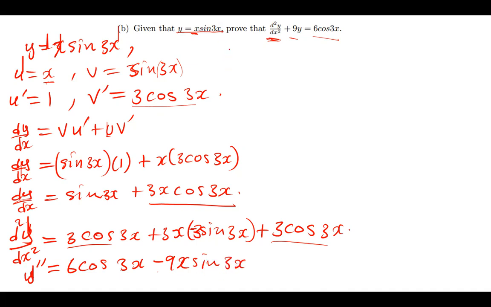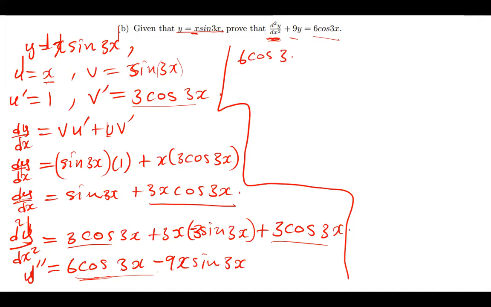Now let us prove that the second derivative, when added to 9 times y, gives 6 cos 3x. The second derivative we have found is 6 cos 3x minus 9x sine 3x, and then plus 9 times y.